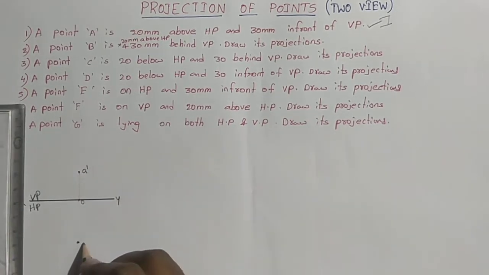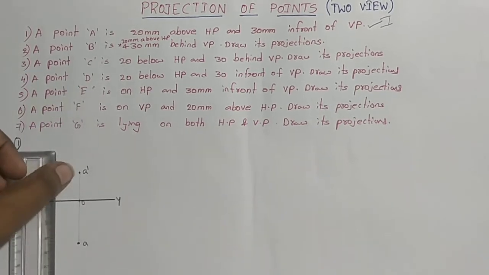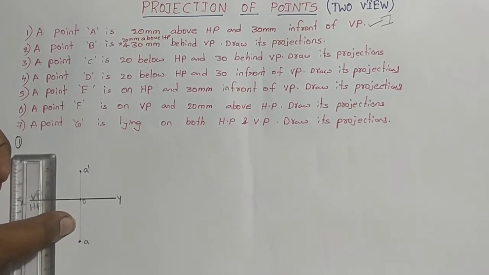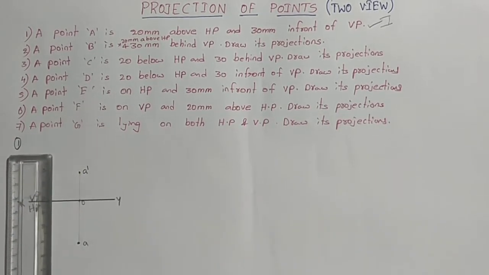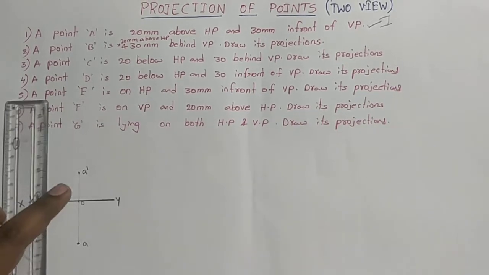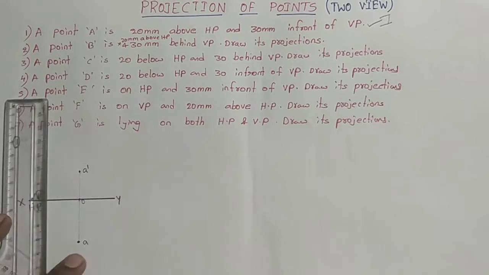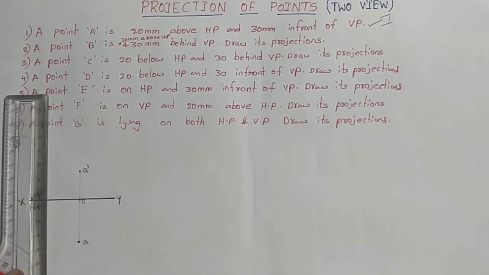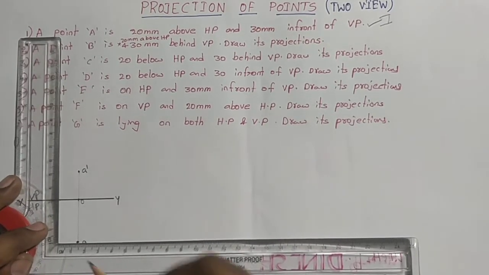Top view is denoted by A. We need to draw one projection line. This line should be drawn light, that means a thin line. It is the projection line, so I place it as a thin line. Front view is denoted by A dash and top view is denoted by A. After completion of this, we need to give the dimensions. For dimensions, we need to give the distance.